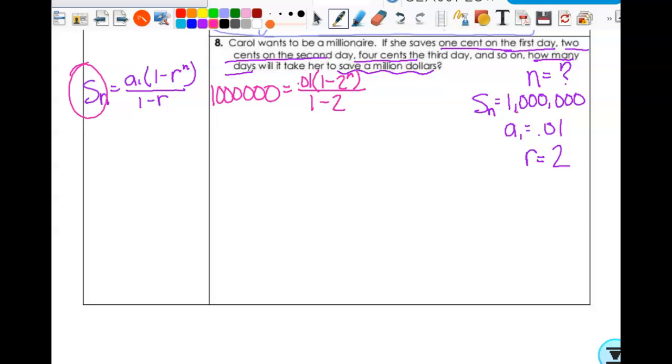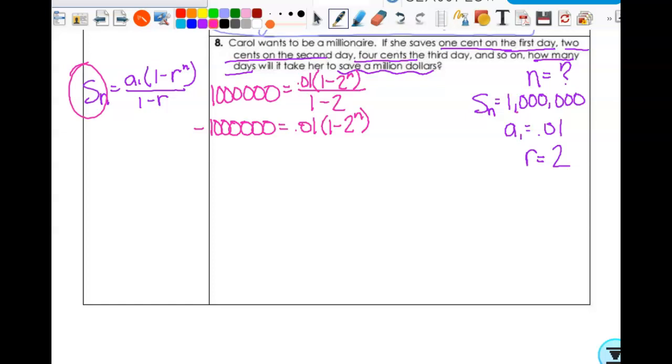We're not touching them for a while, because we got a lot of work to do before the calculator helps us any. 1 minus 2 in the denominator becomes -1, right? So in order to get rid of this -1, I can multiply both sides by -1. So this is going to give me -1,000,000 equals 0.01 times 1 minus 2 to the nth power. Okay.